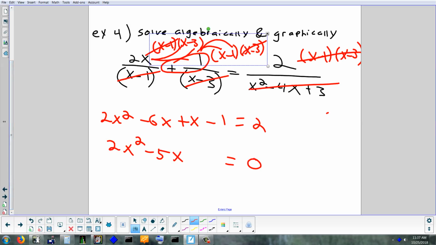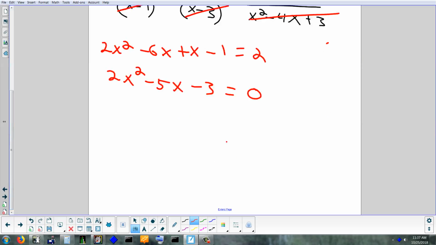So what would my constant be? Negative 3. Okay, let's try to factor it. Maybe we'll get lucky. If not, then we're going to use the quadratic formula. Yeah? X minus 3 and then 2x plus 1. All right, let's try it. So you said x minus 3 and 2x plus 1.